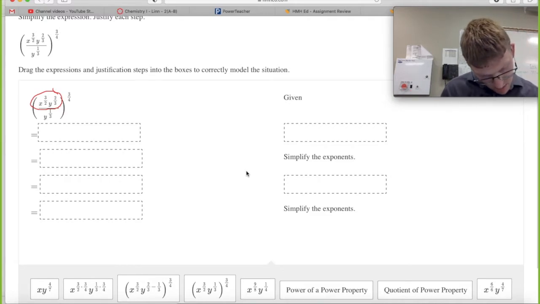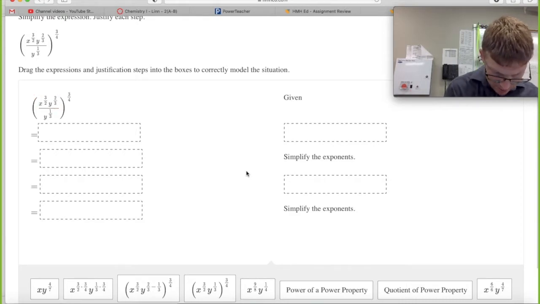Is there anything we can do with that? I just noticed that it's an X and a Y, which means we can't really combine those. But what we can do is combine these. So let's start with that.